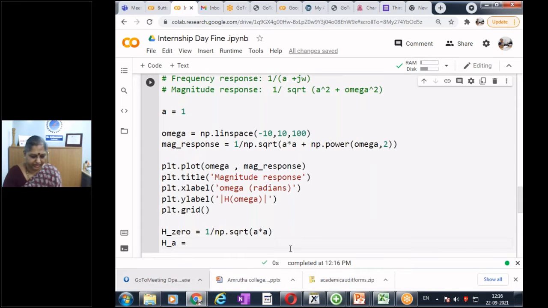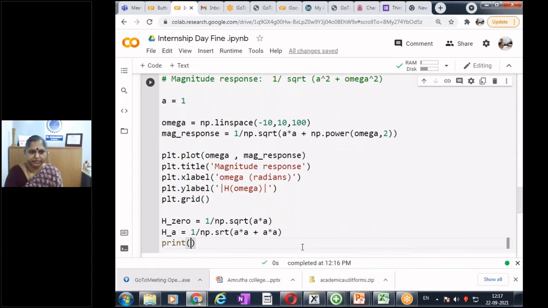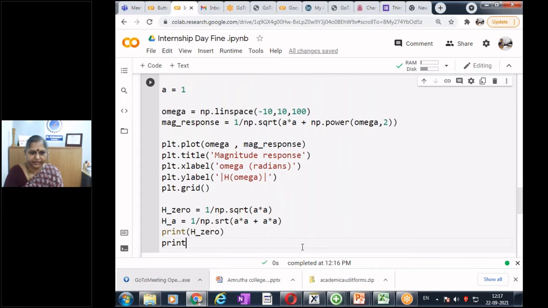And what is the magnitude of H of a? It will be 1 by np.sqrt of a square plus omega square. Omega is also equal to a, so that is also going to be a square. And then print h of 0, and then print h of a.